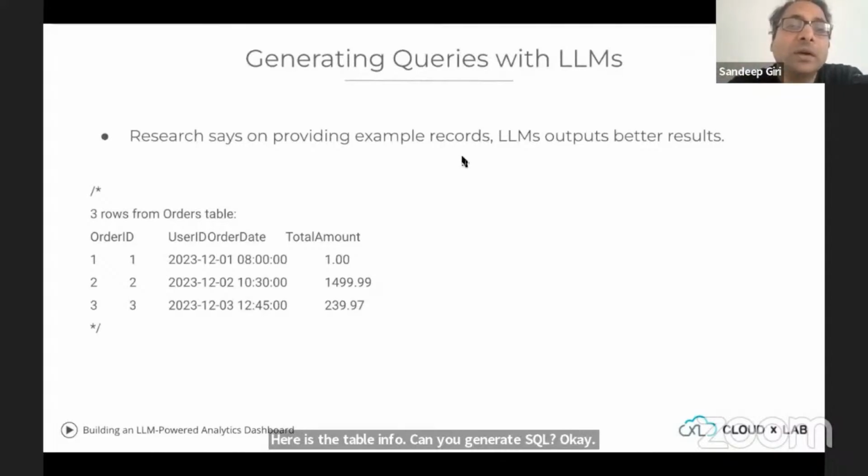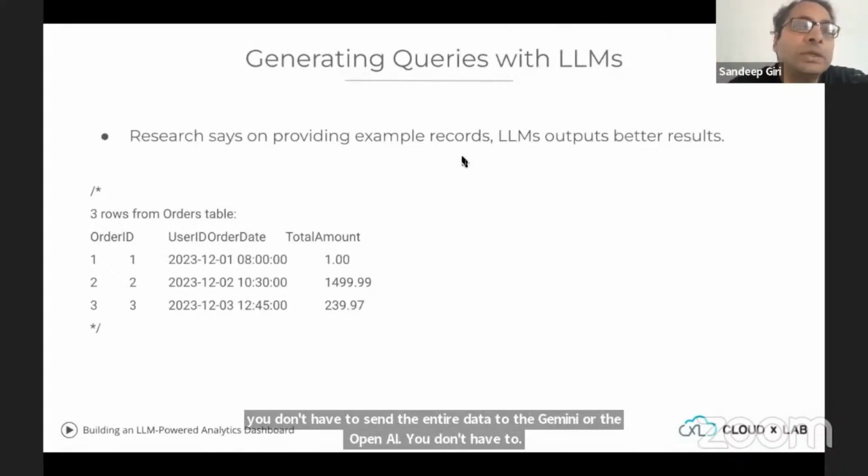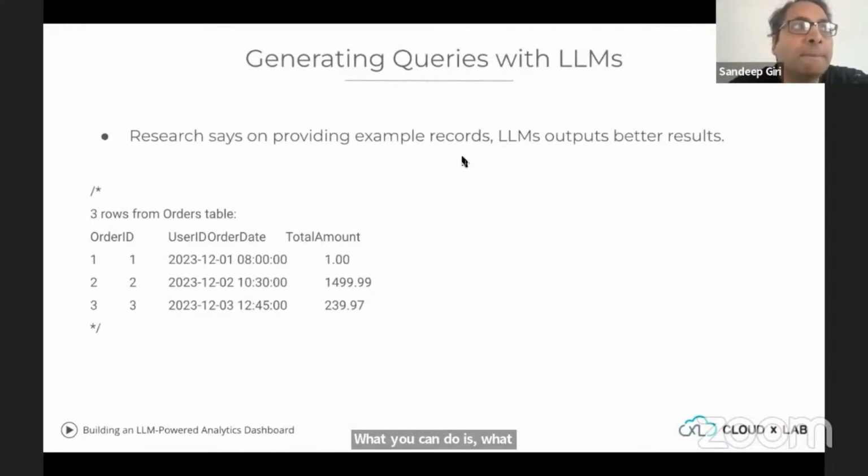Question from Sriram is, how can I ensure that the OpenAI or Gemini APIs are not getting trained on my data from my DB? You don't have to send the entire data to Gemini or OpenAI. You are only sending the schema of your table and names.